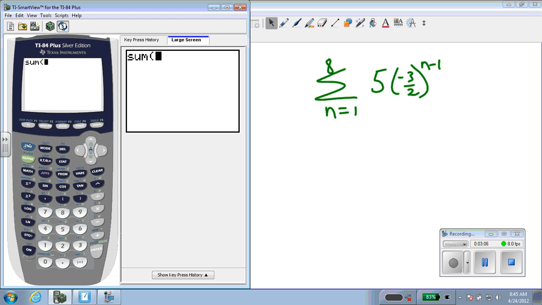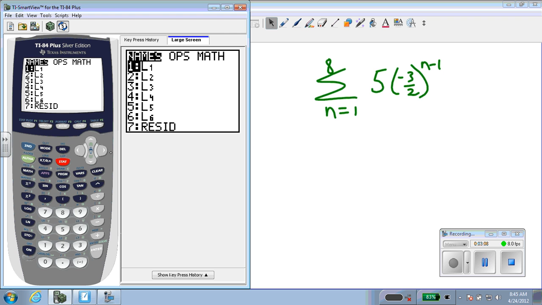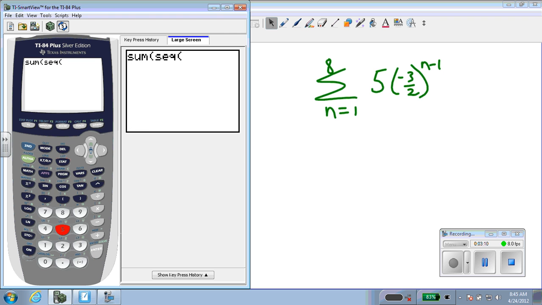Sum of a sequence, 5, open parenthesis, -3/2, raised to the x minus 1, close, comma, x, comma, from the first term through the 8th term.